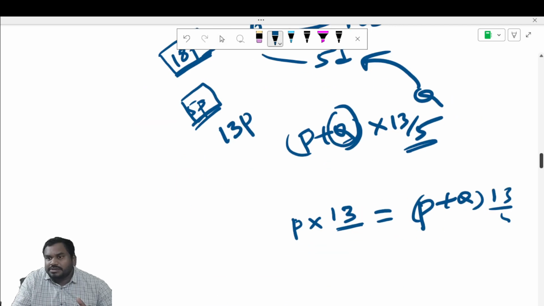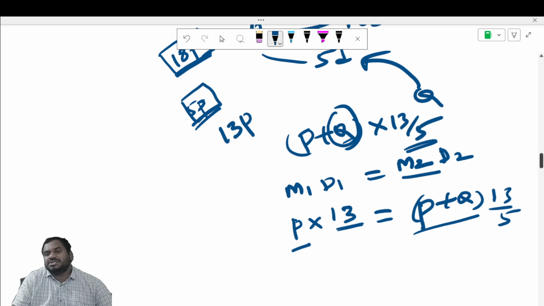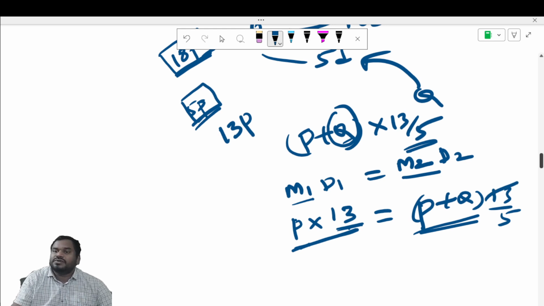Which formula did I use? M1 D1 is equal to M2 D2. But in place of M2, P and Q are coming. So P is the efficiency of the person P per day into 13. So this much work is left and this much work is done by both P and Q in 13 by 5 days. So using this I will find the efficiency of Q.